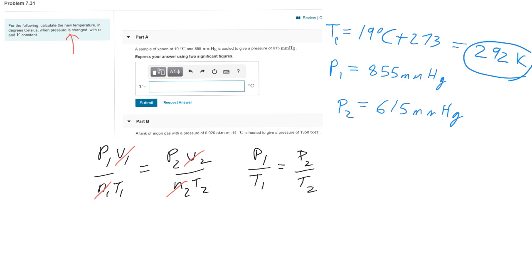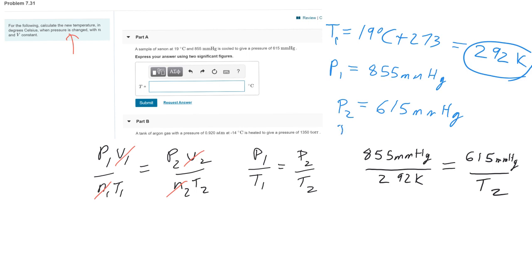And now it's plug and chug time. Make sure your pairings are correct. Because we are using the combined gas law and torr is in the correct place, we can work it in torr here. So we've got 855 over 292 equals 615 over the T2 we're wanting to solve for.